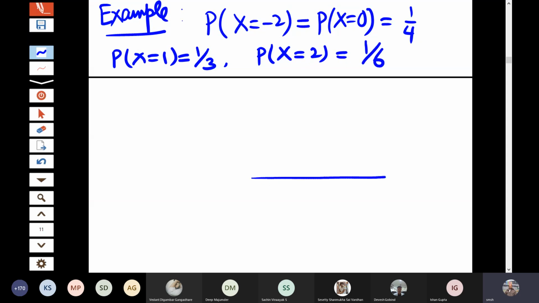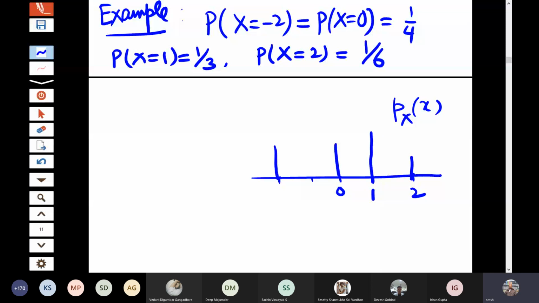See, if I want to plot it, it will look like this. -2, -1, 0, 1, 2. So at -2 I have 1 by 4, at 0 I have 1 by 4, at 1 I have 1 by 3, and at 2 I have 1 by 6. So this is the PMF here.